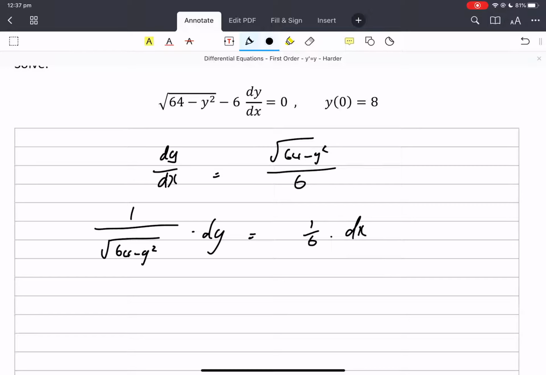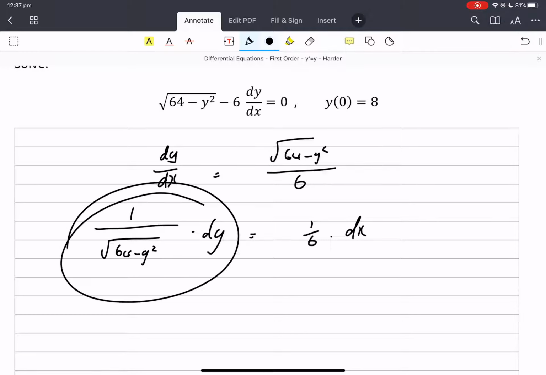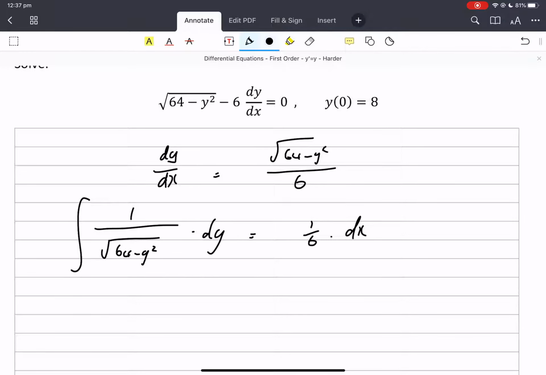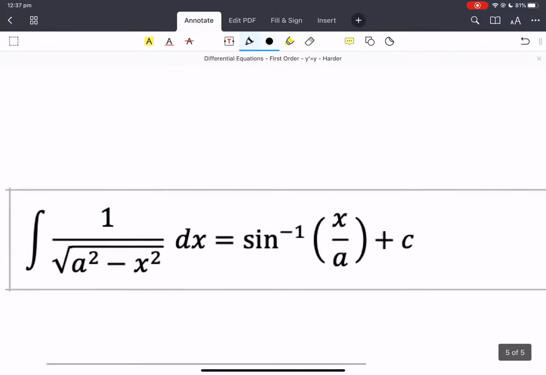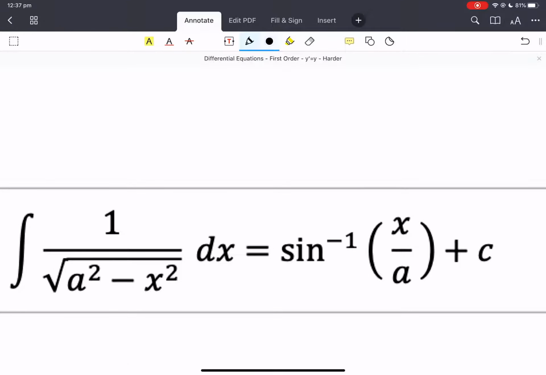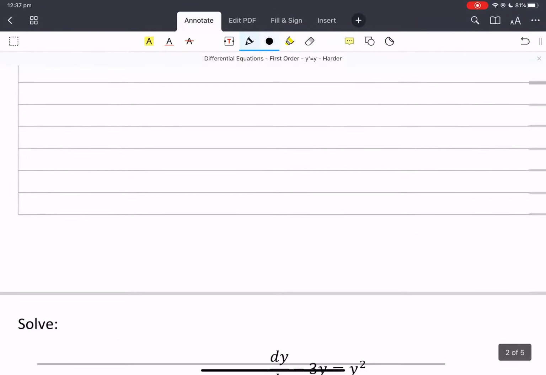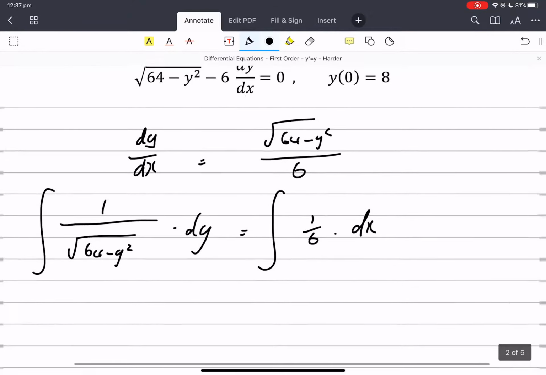Everything else on the other side. Yes, I could put that 6 over there, but you'd recognise this, wouldn't you? So that when we integrate both sides, you're going, oh my gosh, that's that thing there. The arc sine of x on a. Yes, we love our formula sheet.